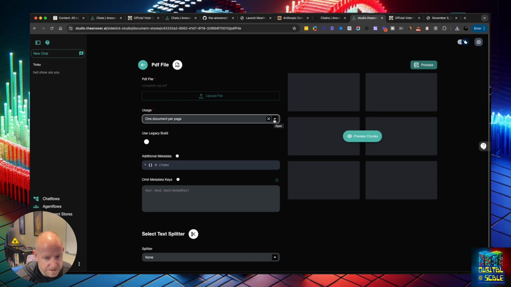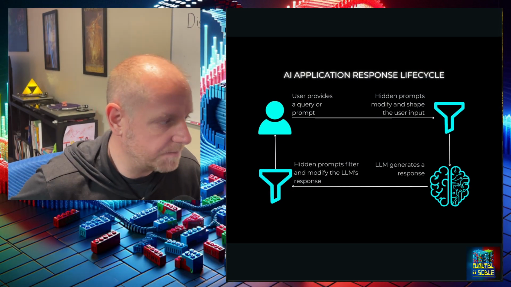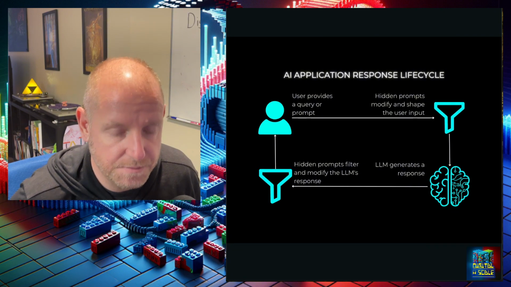This is a very important concept in AI: while the amount of data you can give a prompt is going up, it's still not unlimited. Now, what does that mean? Well, if you remember back to our model here, there are hidden prompts that modify the shape of the user input.